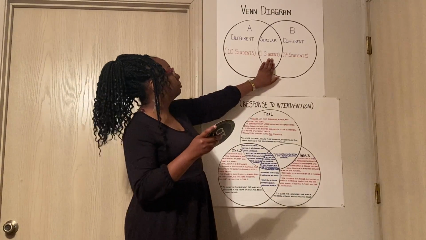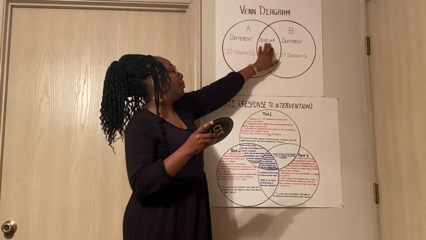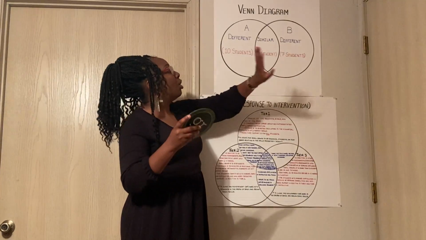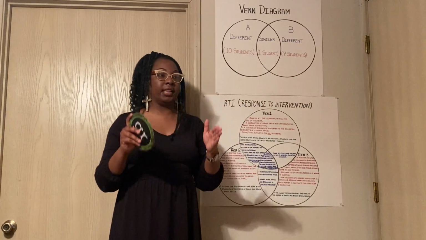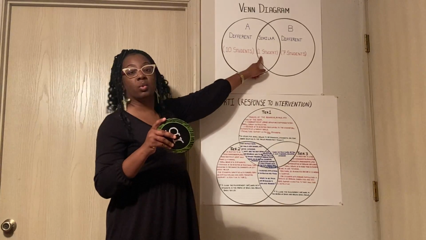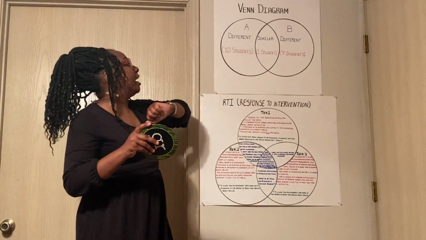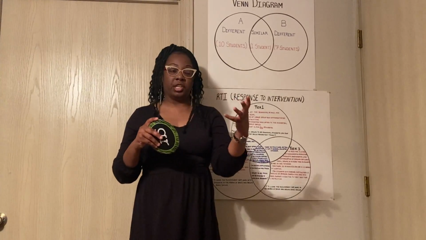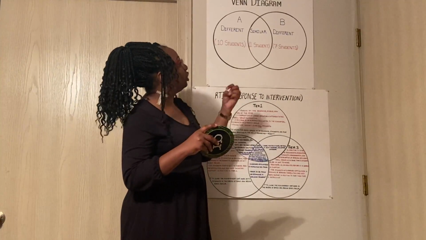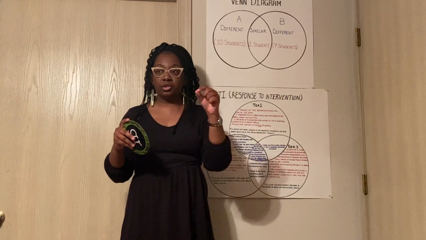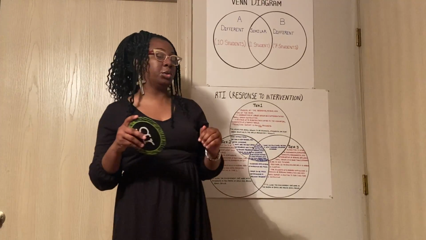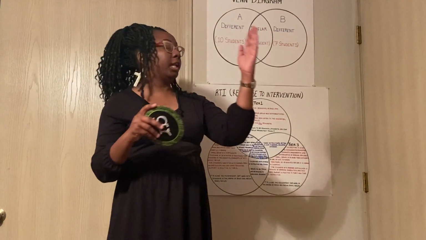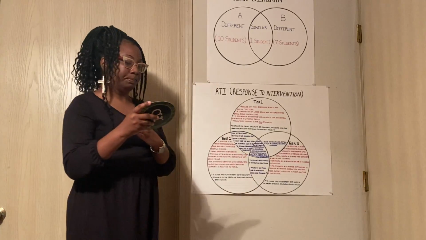Here in the middle talks about students whose RIT scores stayed the same. It was one student. Then section B tells instructors about students whose RIT scores lowered between fall and winter assessments.